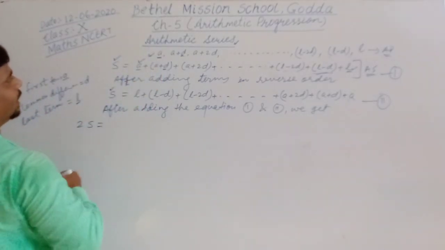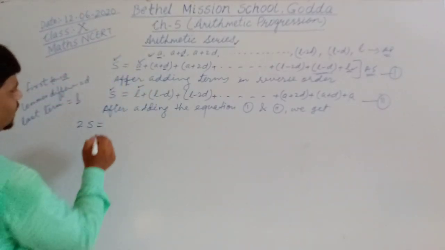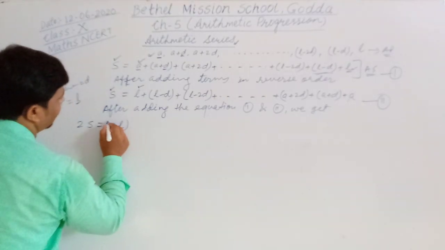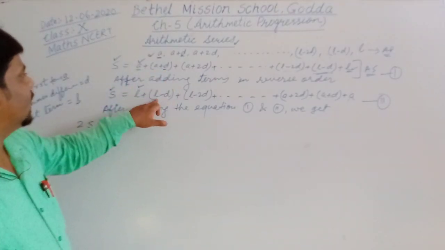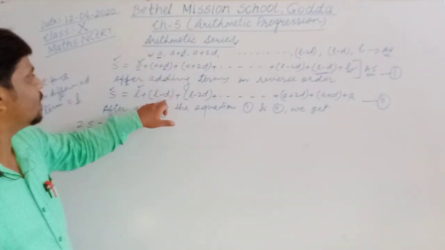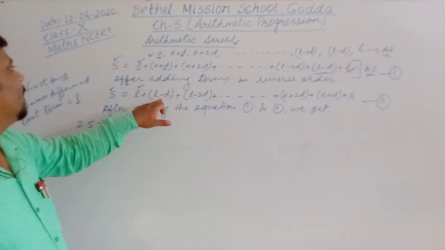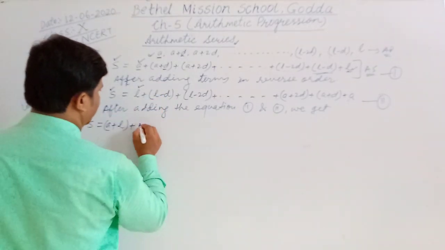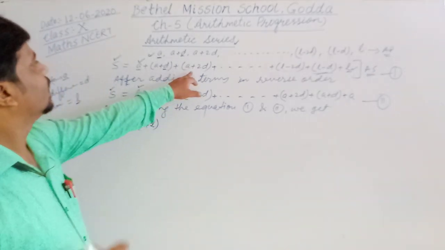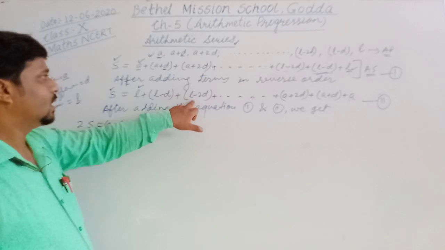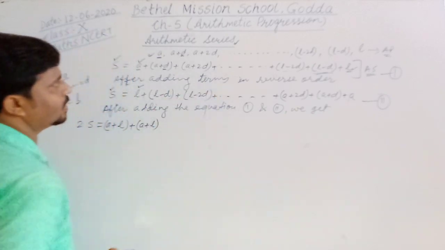This A will be added to L, so you get A plus L. Then A plus D and L minus D, so plus D and minus D are removed, and we write again A plus L. Then A plus 2D and L minus 2D, so plus 2D minus 2D is gone.